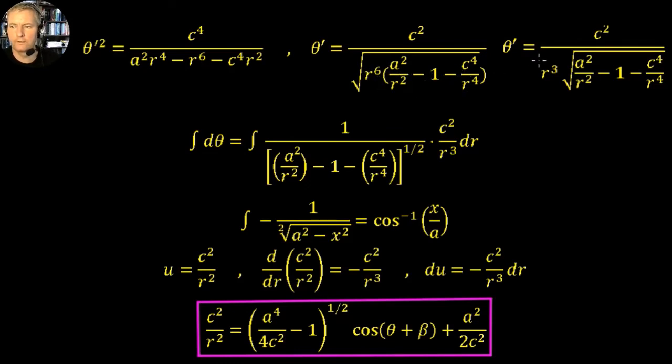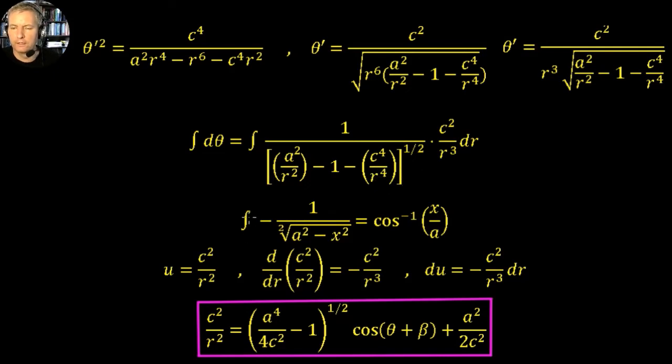So therefore we can say that the theta derivative is equal to, we can take that r to the 6 out of the square root brackets, becomes r to the 3. So then the integral of d theta is going to be the integral of, well, we just separate these things out, so it's going to be c squared upon r cubed dr, all upon the square root of all of this. Now this is in a standard form.